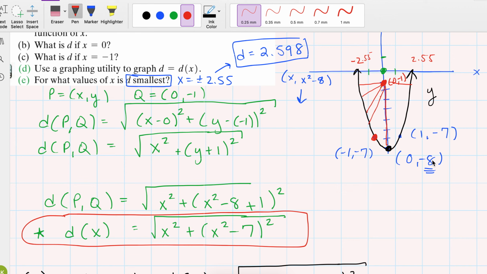When x is 0, we get -8. Remember that the length of this line, because that's the distance, we already found that. We said when x was 0, we plugged it in, we got 7. And then after we go past 0, these lines get a little bit shorter until we get to the shortest point, which is 2.55. Let's look at the graph and see how that relates.